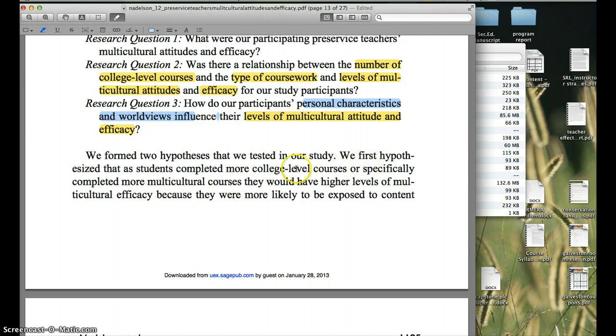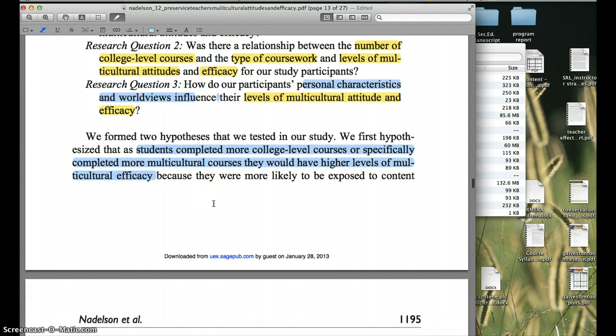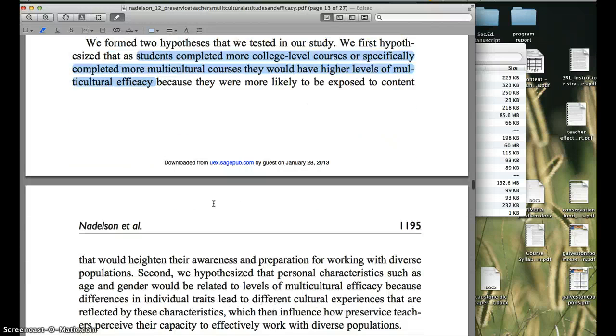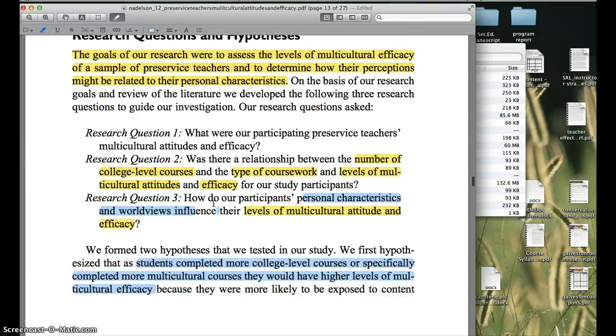So one of the things that they hypothesized was that students that had more college courses, and courses that specifically dealt with multicultural topics, would have higher levels of efficacy than those that had fewer courses. So that was a hypothesis that fit question 2.